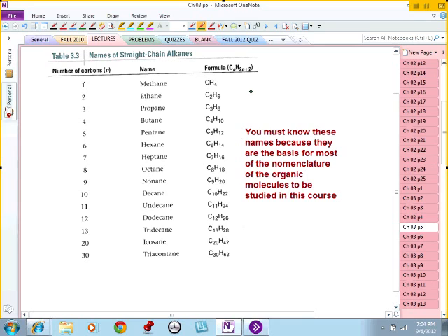Now, another thing I need to show you is that the general formula for alkanes is CnH2n+2. So you could use that formula to determine whether a formula is that of an alkane or not.